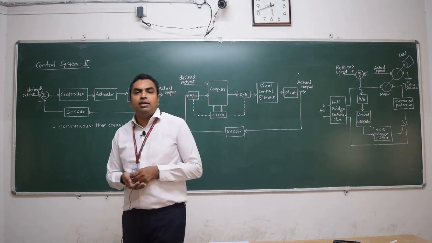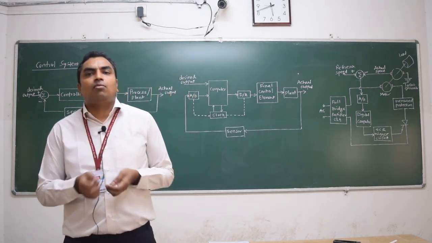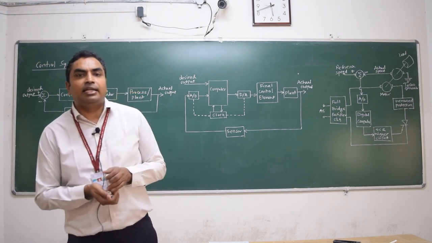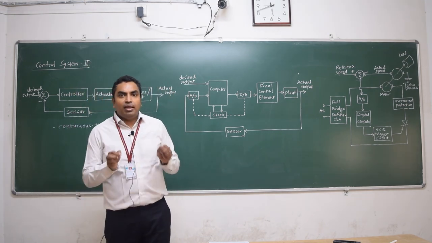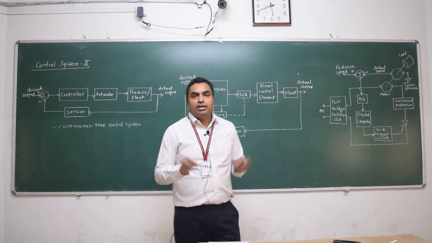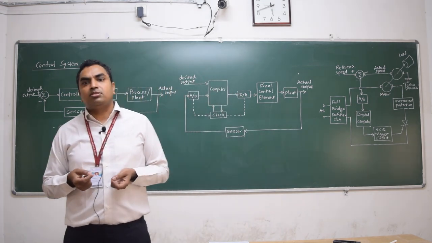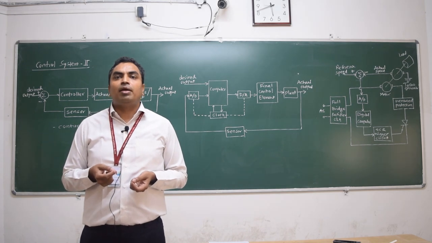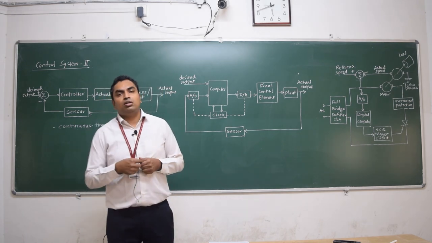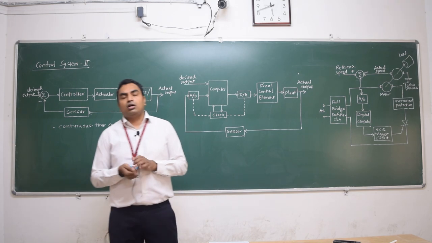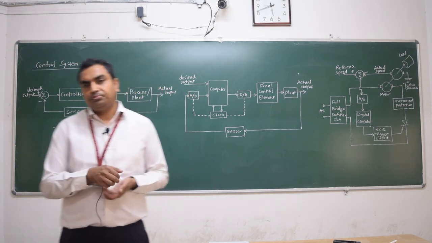So this is the learning objective for this lecture. At the end of this lecture you will be able to identify the components in the discrete time system, and also you will be able to identify the examples related to the discrete time or digital control system.